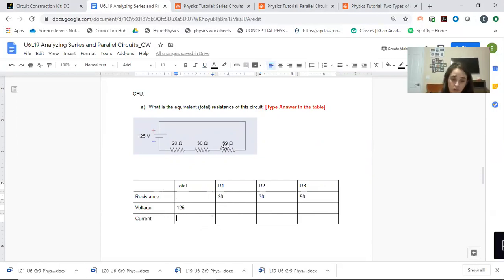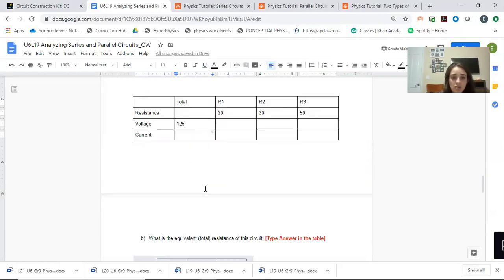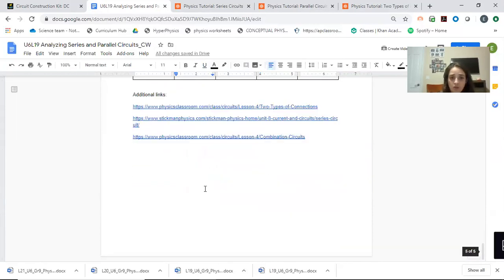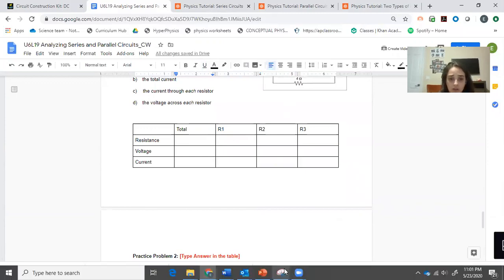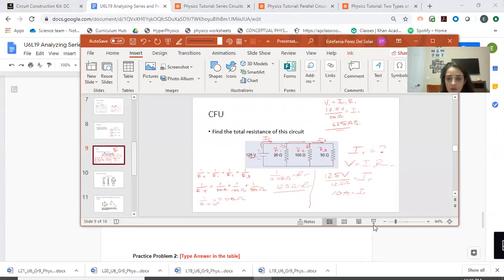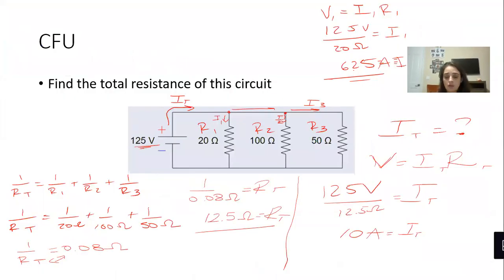The way that you're going to answer that is using the equations that you wrote down. I am also going to add another table here that you can use that will show you the relationship between all of the equations. Make sure you have your two tables complete, and then come back when you're done.